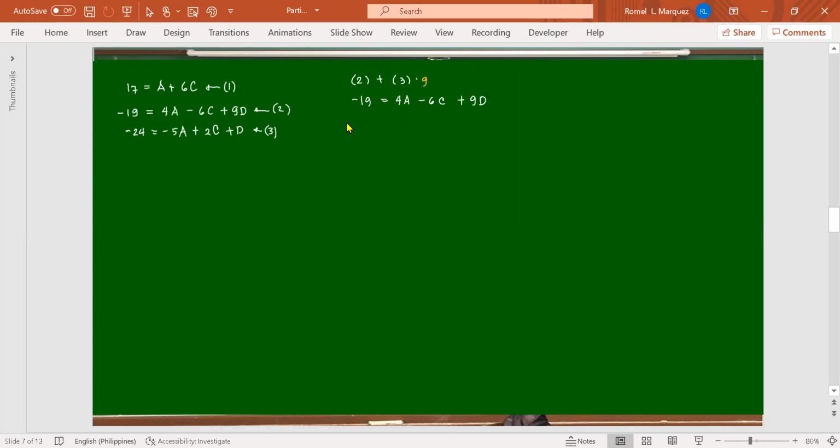And then here, negative 24. What is negative 24 when multiplied times 9? Negative 216. I think we have to subtract, no?